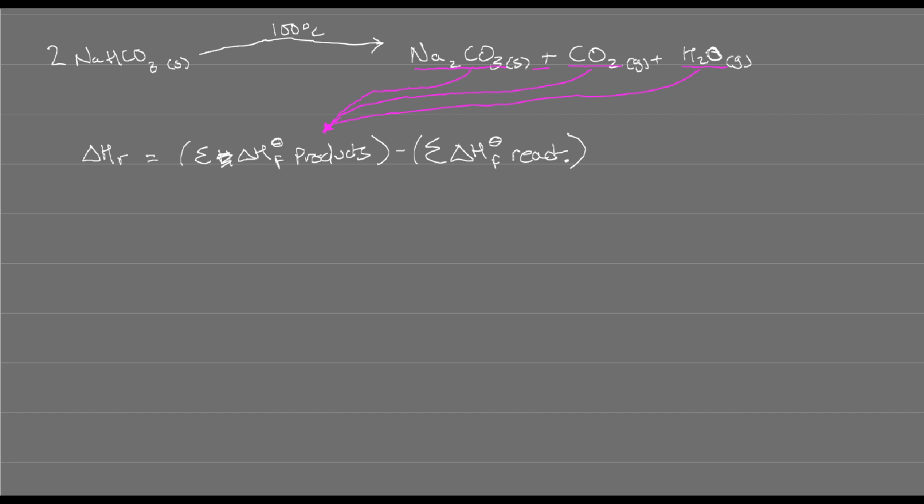And then I'm going to do the same thing for here. I'm going to enter it into this part of the equation here. Then I'm just going to do this sum.